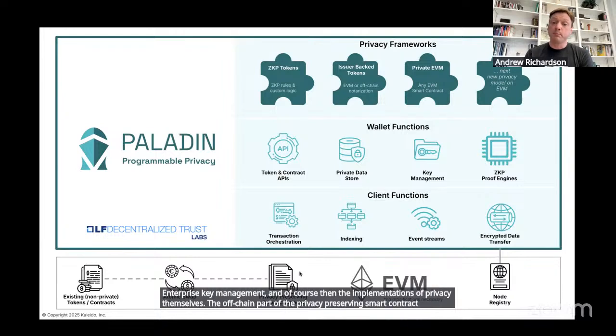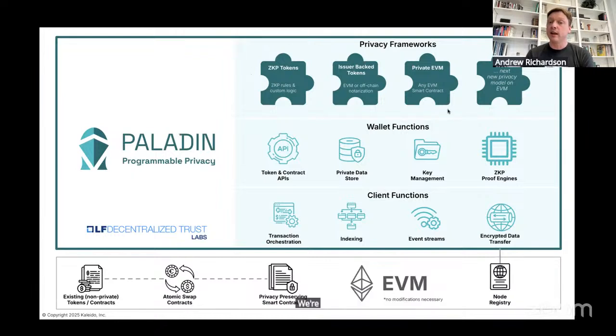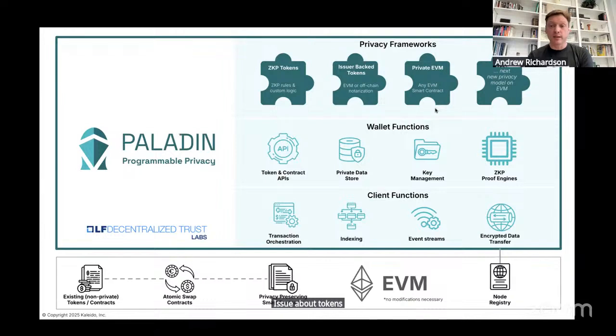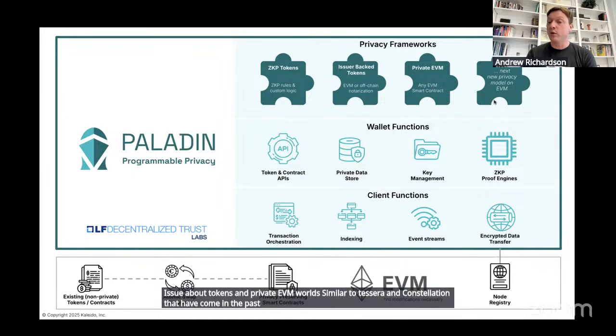And maybe what's most interesting about Paladin is the variety of these that it supports. We're going to talk about the built-in versions that come as these reference implementations for zero-knowledge proof-based tokens, issuer-backed tokens, and private EVM worlds, similar to Tessera and Constellation that have come in the past, but also the ability to plug in all kinds of different privacy models as well.